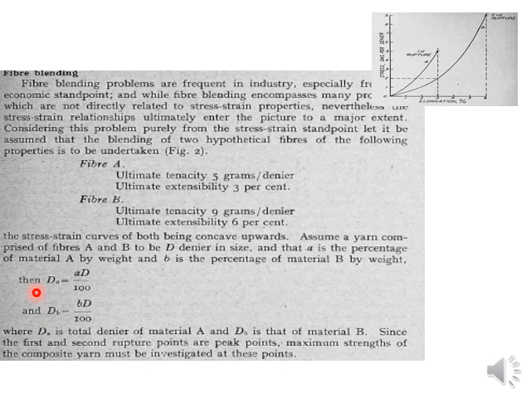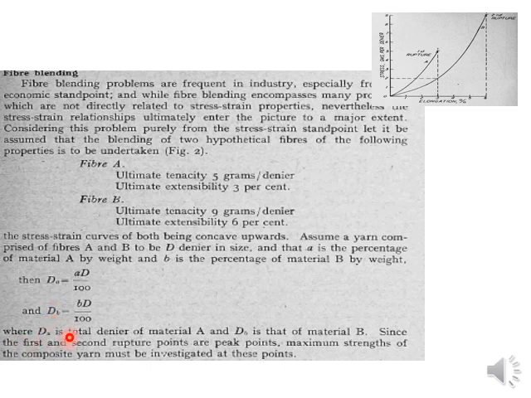Then what will be the denier of fiber A? Since it has a percentage small a, its denier will be a into D by 100. Similarly, the denier of fiber B will be b into D by 100. This is the denier of the assembly of fibers.